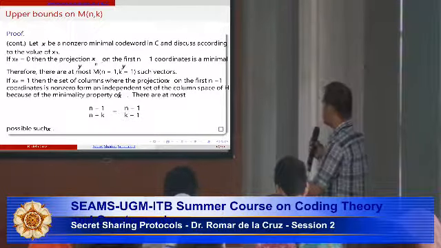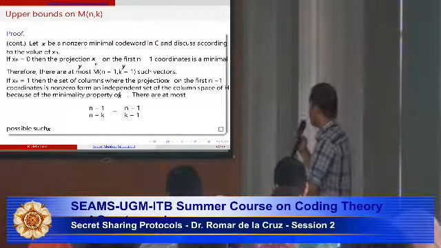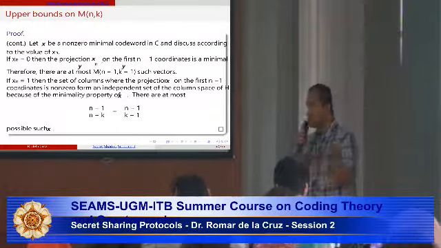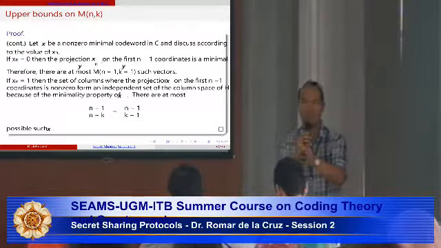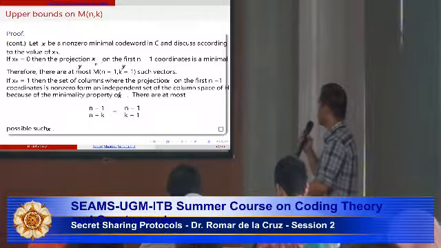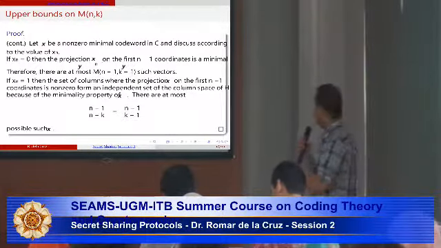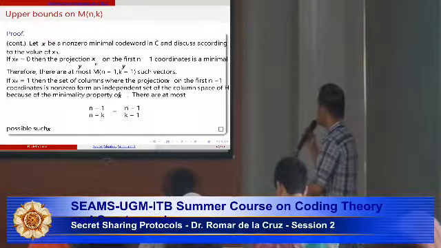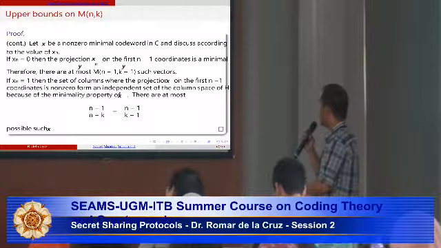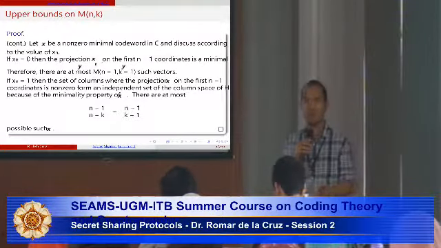If x sub n is 0, and you project to the first n minus 1 coordinates, it will be a minimal code word of the null space of H prime. So it's an n minus 1, k minus 1 code, and there are at most m of n minus 1, k minus 1 such minimal code words.